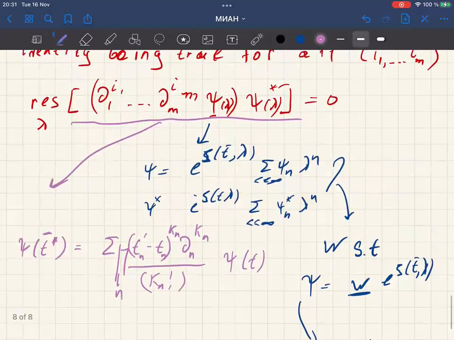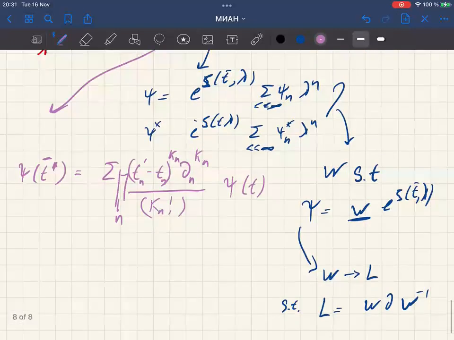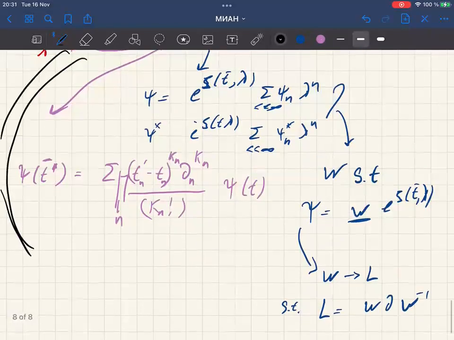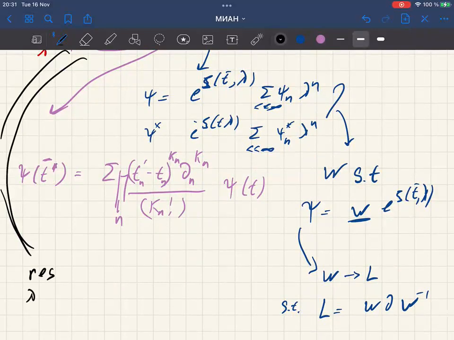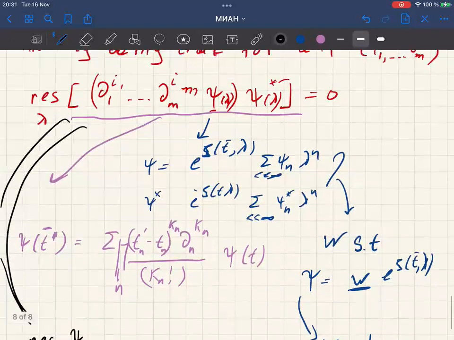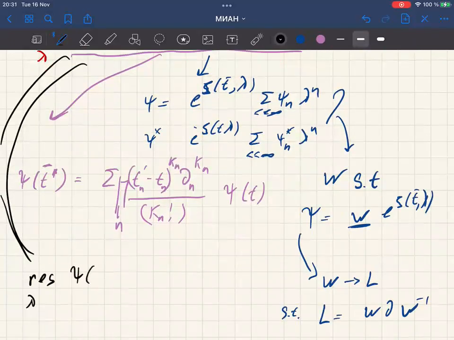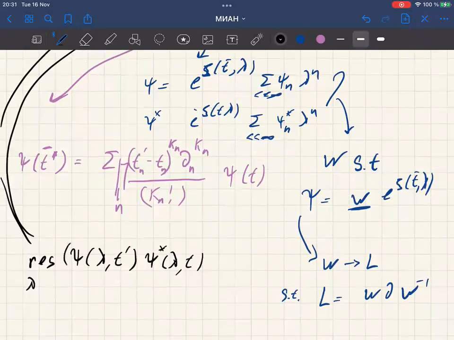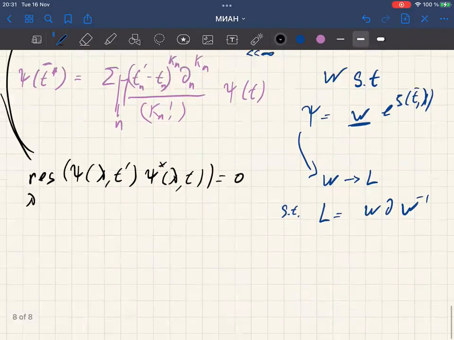This equality is the same as writing that the residue in lambda of psi(lambda, t prime) psi adjoint(lambda, t) equals 0.